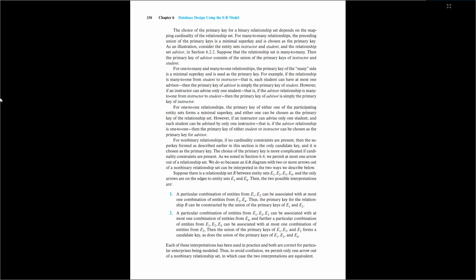A particular combination of entities from E1, E2, E3 can be associated with at most one combination of entities from E4, and further a particular combination of entities from E1, E2, E4 can be associated with at most one combination of entities from E3, then the union of the primary keys of E1, E2, and E3 forms a candidate key, as does the union of the primary keys of E1, E2, and E4.